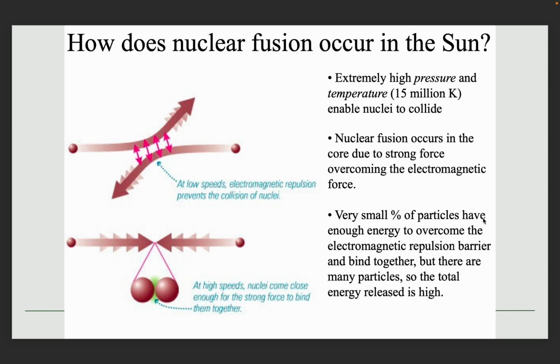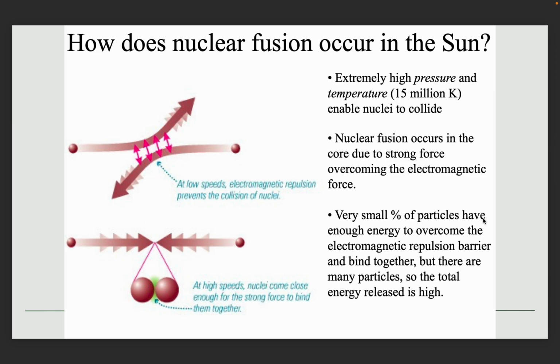So the two protons, or the hydrogen nuclei, are unable to collide easily, and nuclear fusion occurs in the core due to the strong force overcoming the electromagnetic repulsion force. A very small percentage of particles have enough energy to overcome the electromagnetic repulsion barrier and bind together, but there are many particles, so the total energy release is very high.